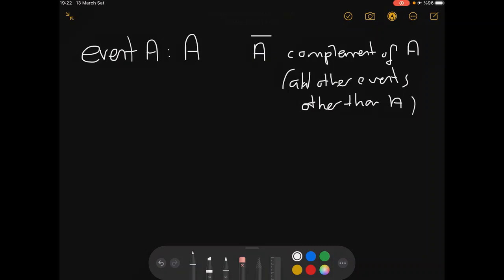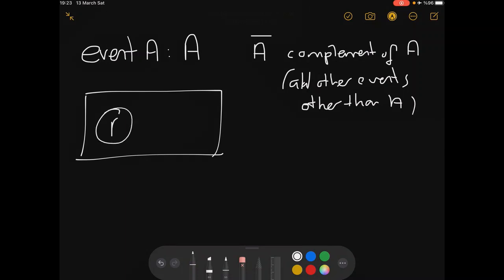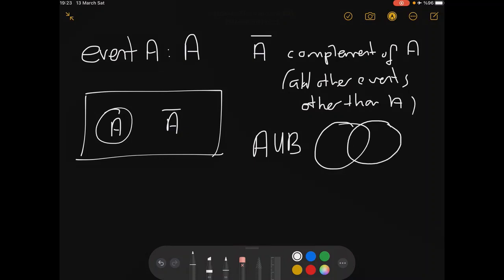All others. So when we want to represent it with set theory, or with sets, suppose that you have A here, and this would be your complement of A. And if you have, for example, A union B for 2 events, it would look like this.